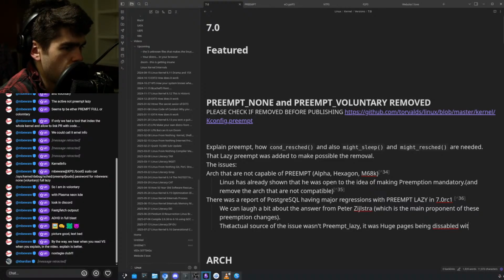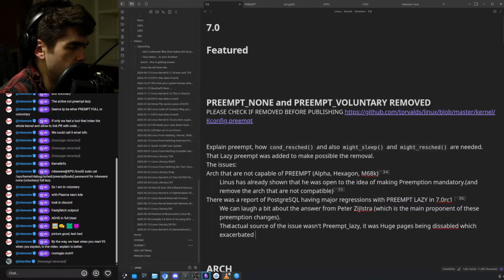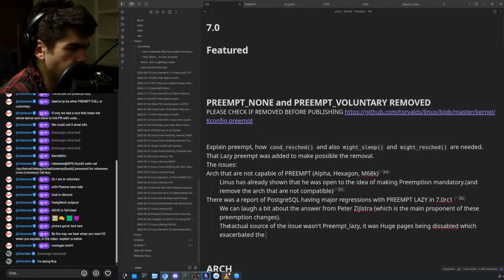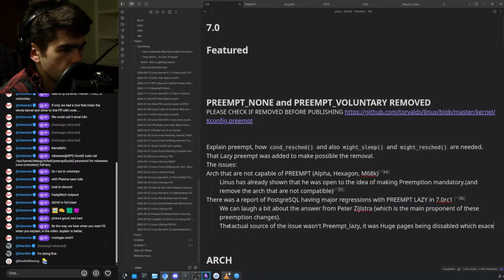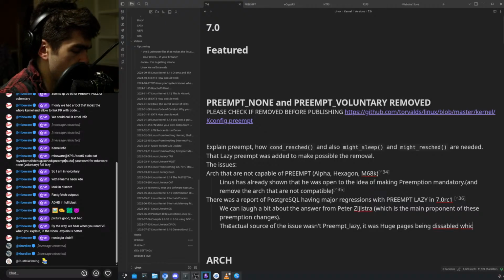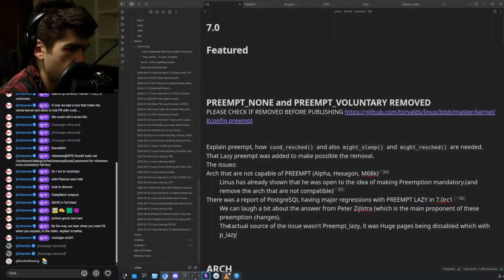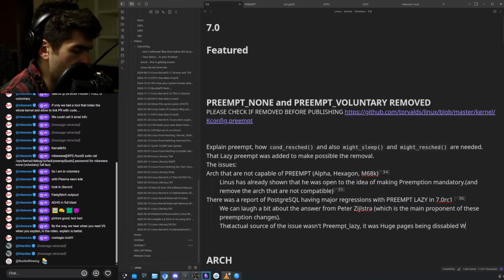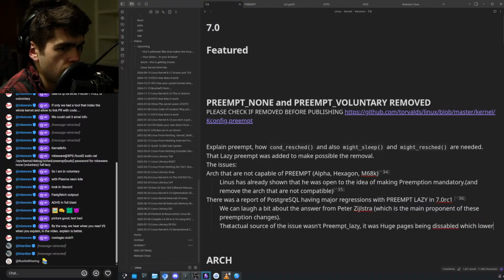It was the huge pages being disabled, which exacerbated the... which lowered performance.